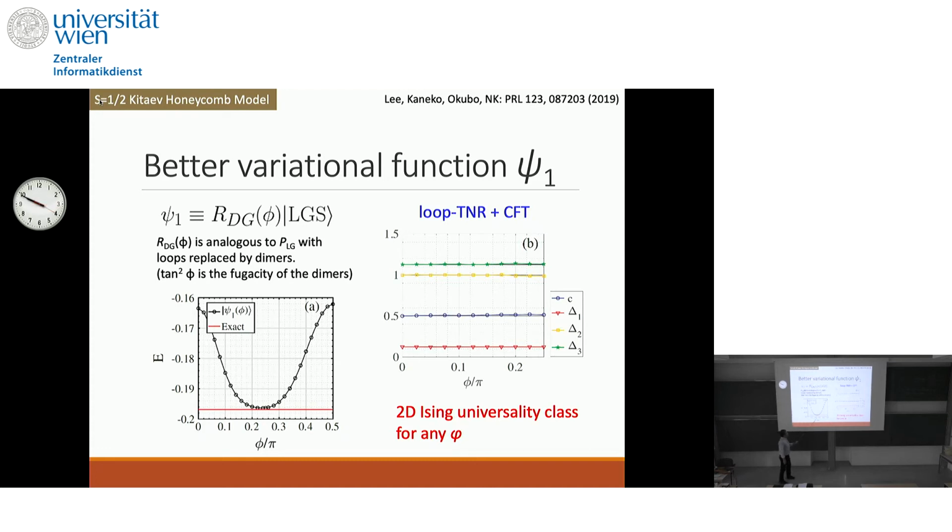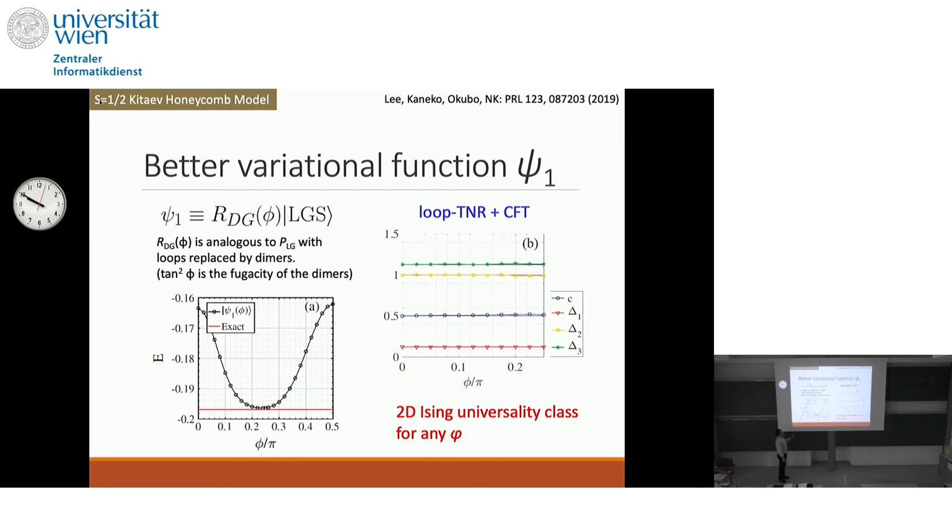This red horizontal line indicates the exact value of the Kitaev spin liquid ground state. And here is the expectation value of the energy for the loop gas state itself. As you can see, this type of variational wave function is quite good. Although we have only one variational parameter, the optimal energy was very close to the exact value, less than 1%, I guess. So it was pretty good.